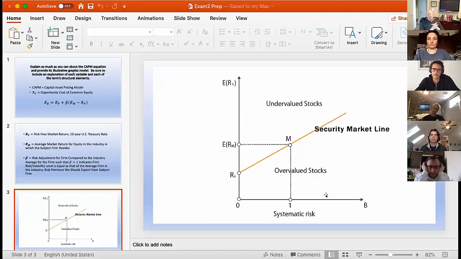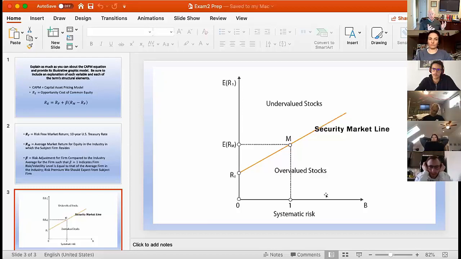So, Megan, I'm familiar with this graphic, and we have to think about what undervalued and overvalued mean here. It means undervalued compared to the rest of the industry, not overvalued for the company itself, okay? So it's overvalued or undervalued compared to the industry that we're in.